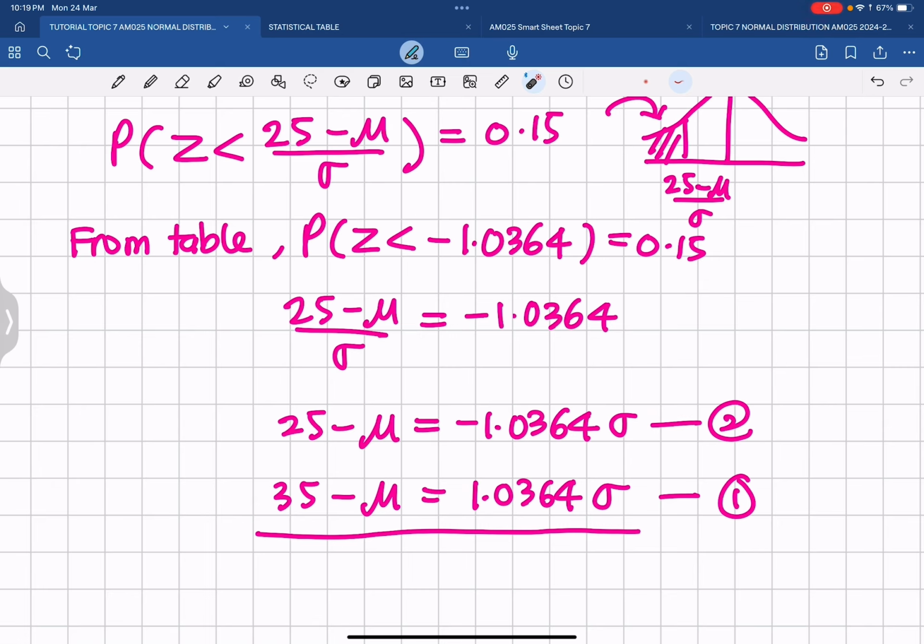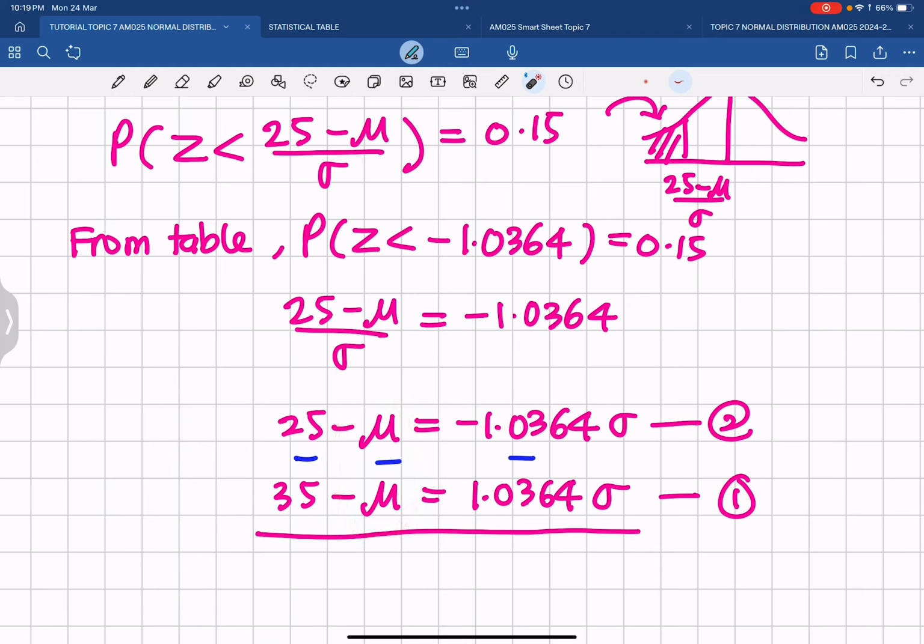If you would like to get rid of the standard deviation, you have to add, so this becomes 0. Or you probably would like to get rid of the mean. If you subtract, the mean will become 0. You can do either one, you are going to get the same answer.